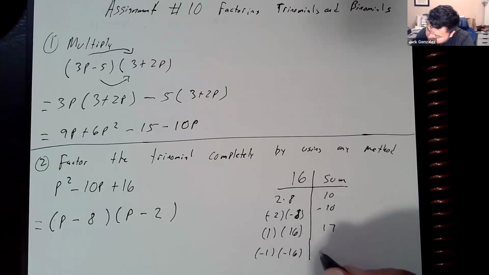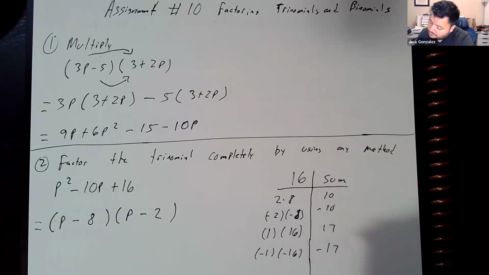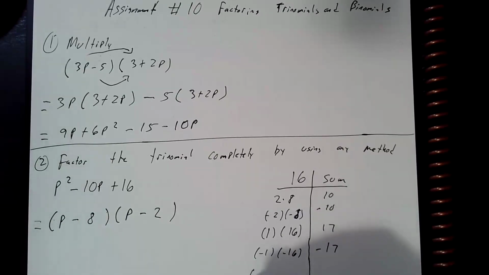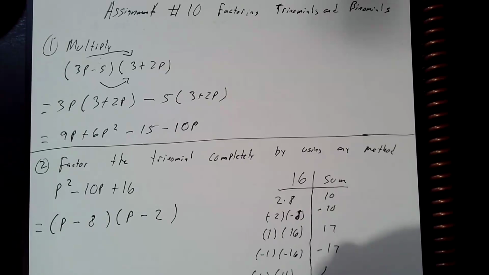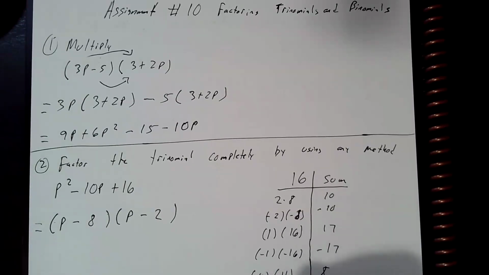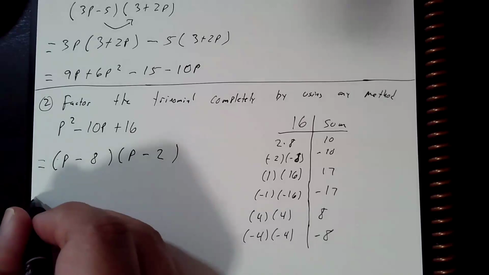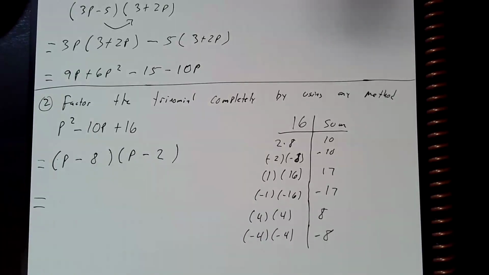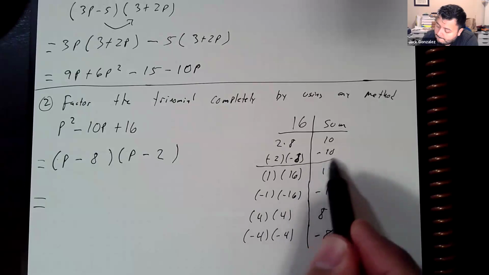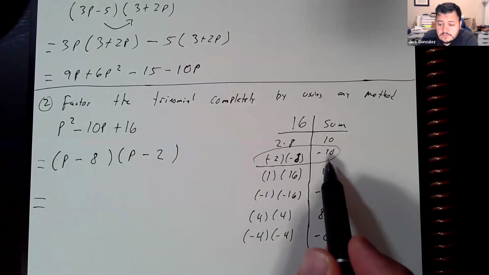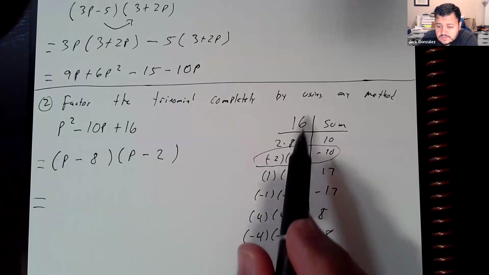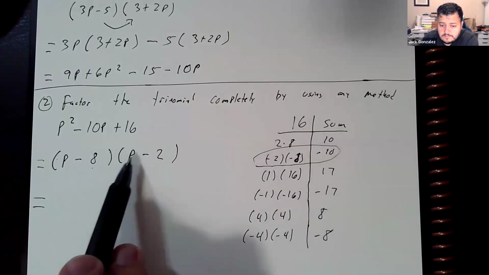If you don't see it right away, this is what you would do. So you would choose this one because it adds up to the middle term, and when you multiply, you get 16. So that's where these came from.